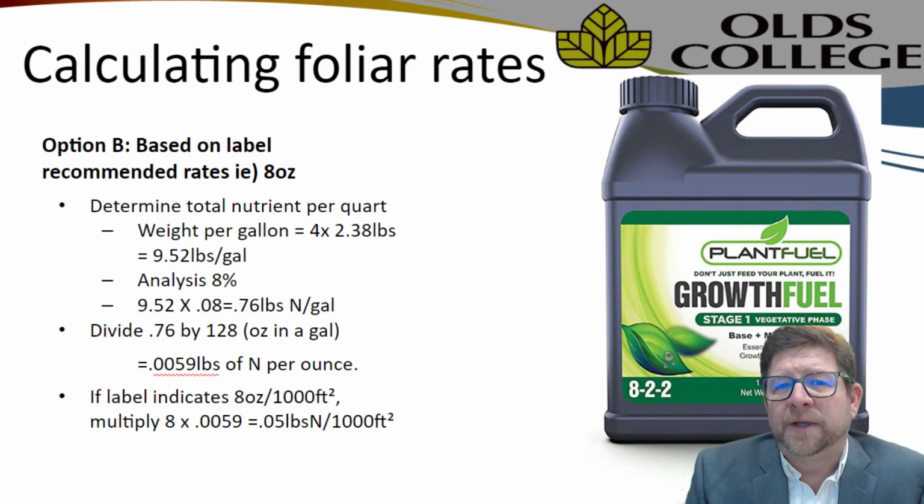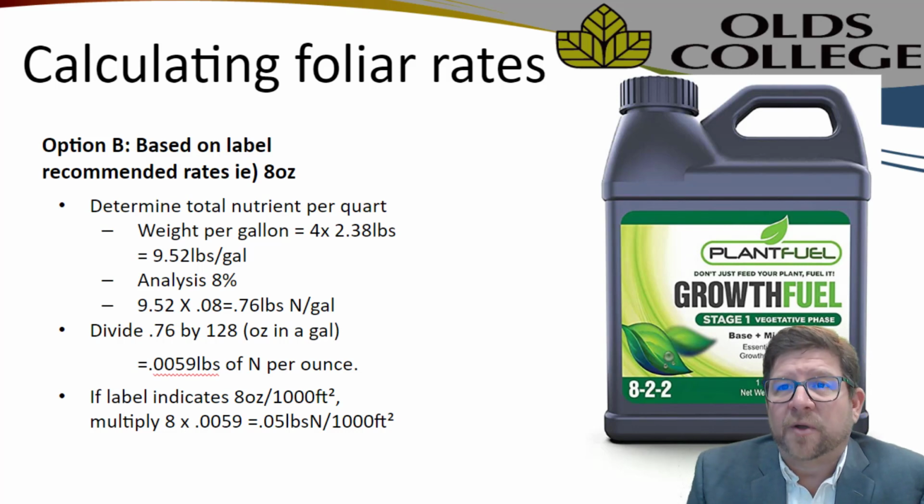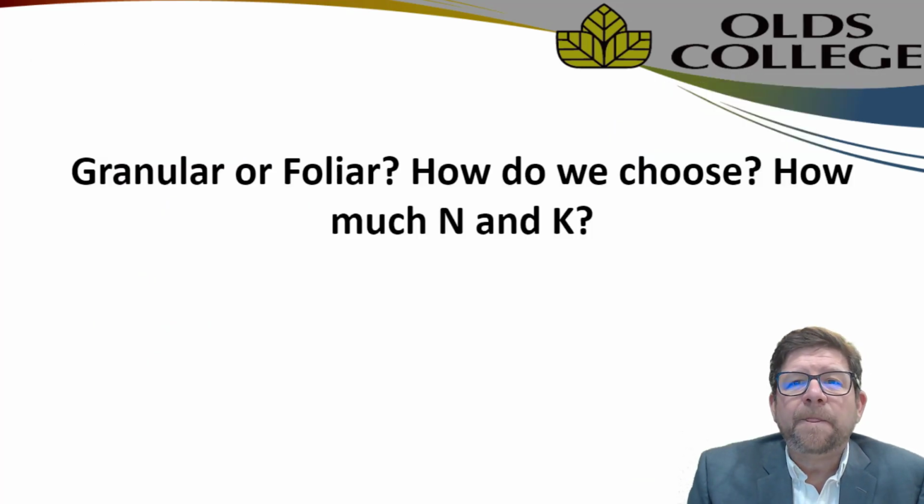And again, all we're doing is finding out how much nitrogen is in that gallon, and multiplying it times the number of ounces that the label is requesting you to apply it at. So, granular or foliar, how do we choose how much nitrogen and how much potassium we should be applying?